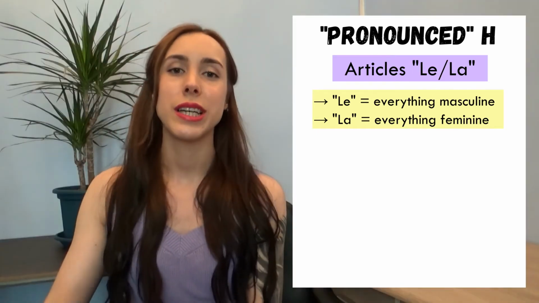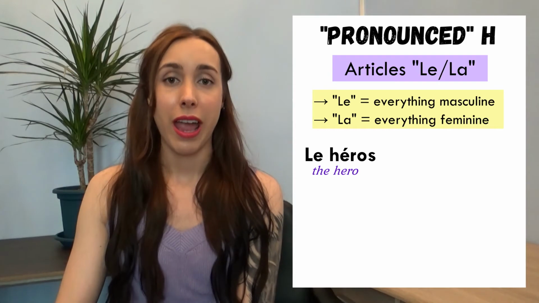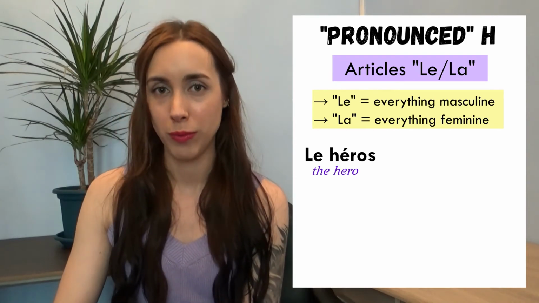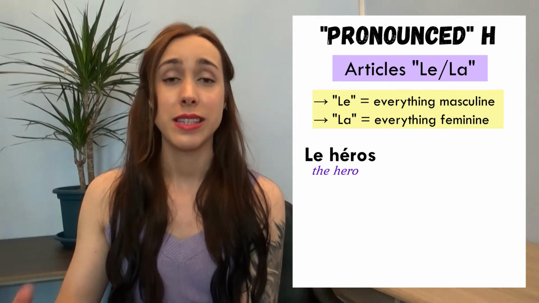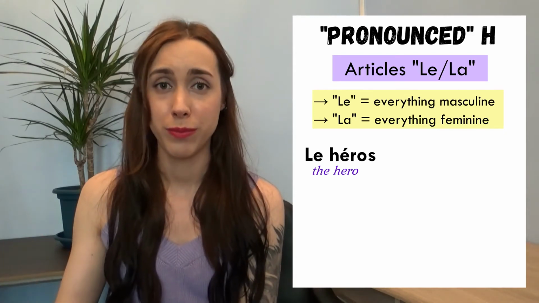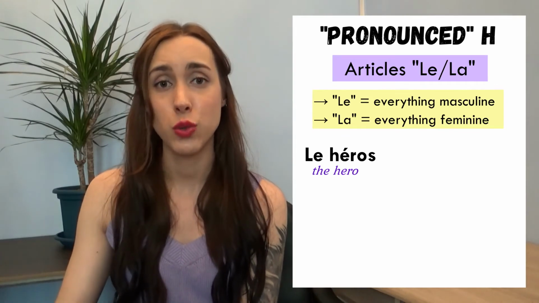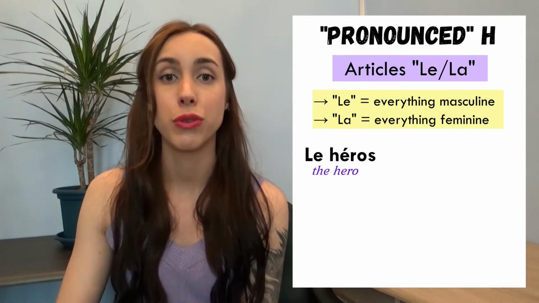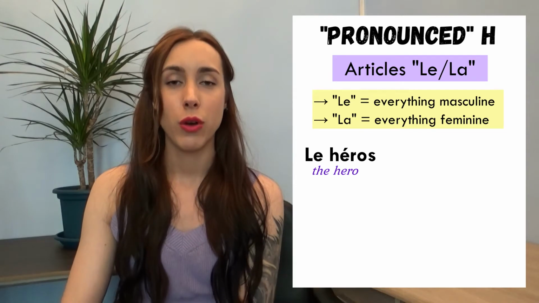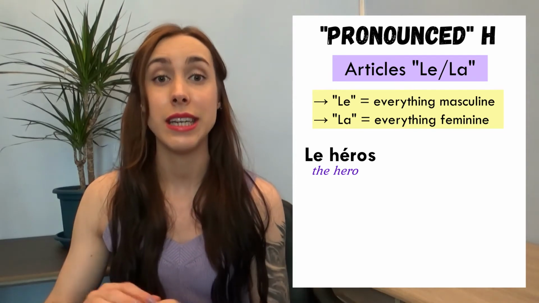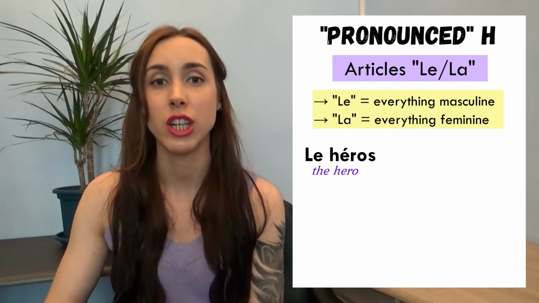Here, as you can see on the screen, I have a word, le héros. It starts with le and I have the H letter, but this one is considered pronounced, because when I have the plural form, I do not make any liaison. I do not make any connection.